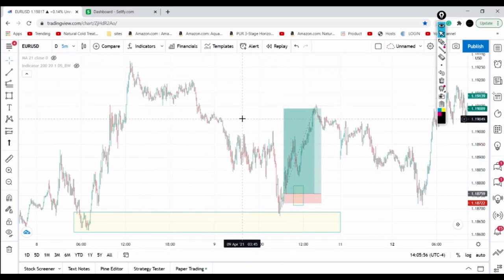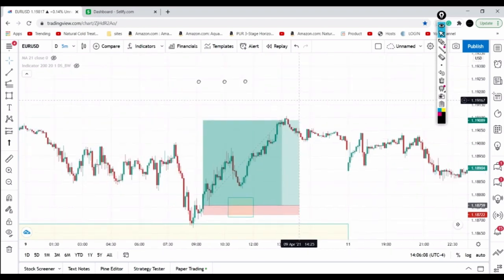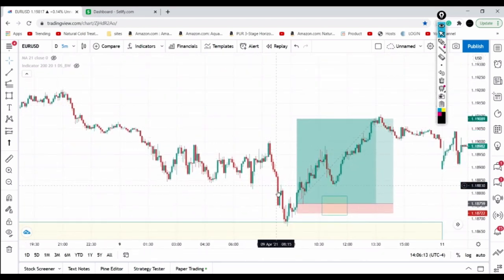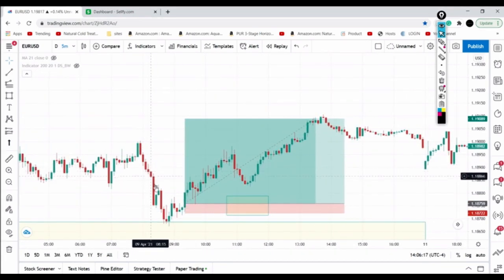Understanding how price works and what price is doing. Again, the reason why I love this is because look how we came down to this level right here. Now I don't want you guys to think every time you take a trade you have to see this type of action.